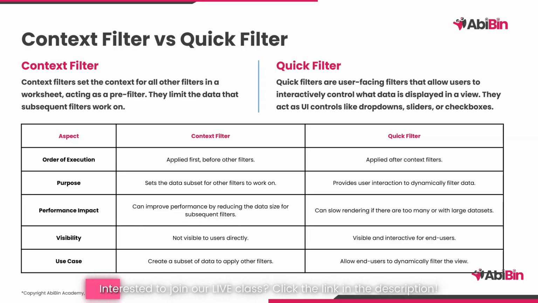Quick filters are what we showcase on dashboards as a visible layer where users can click on the drop downs, click on the checkboxes, etc. Context filters are underneath the views of the Tableau workbook and might not be visible to the users.